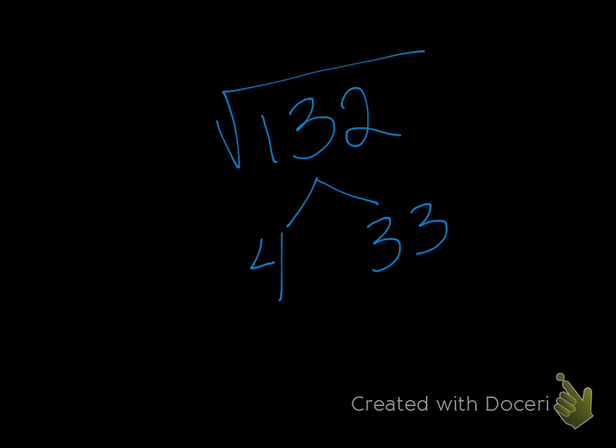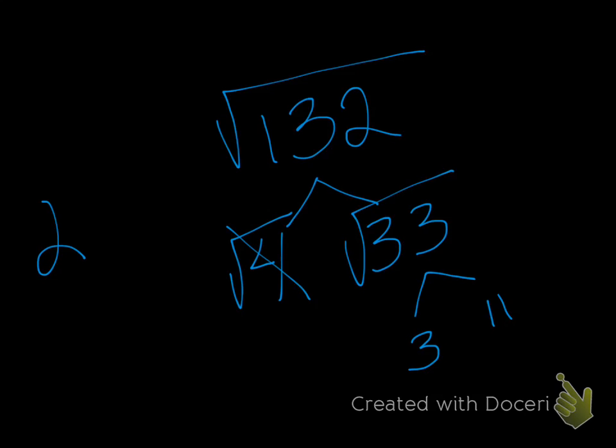So 4 times 33 is 132. And I went with that because the square root of 4 is a perfect square factor. And 33 is just 3 times 11, both prime factors, so I'm not going to get any more out of that. Square root of 4 is 2. So 2 root 33.